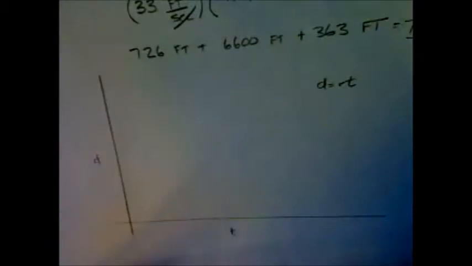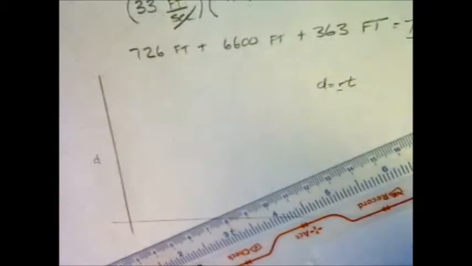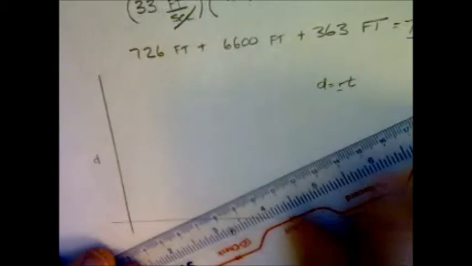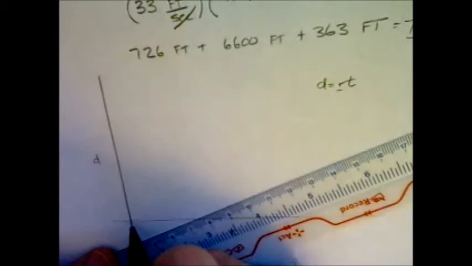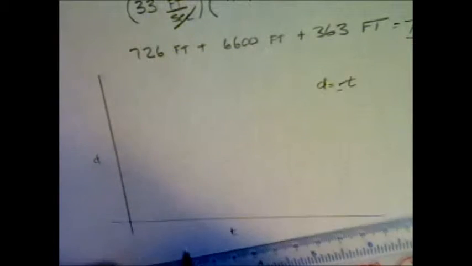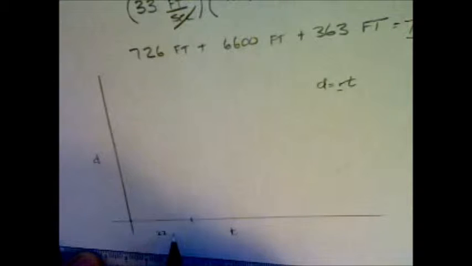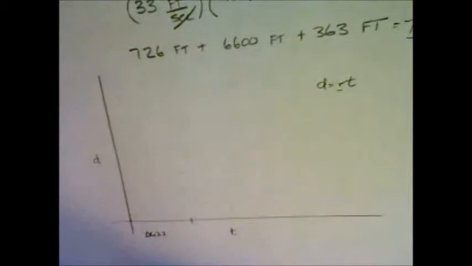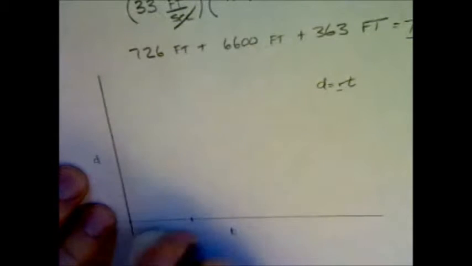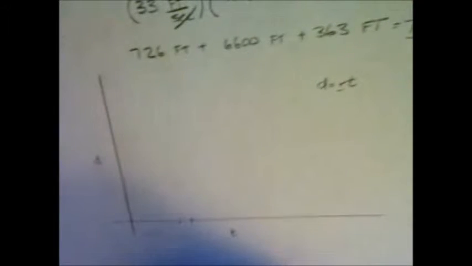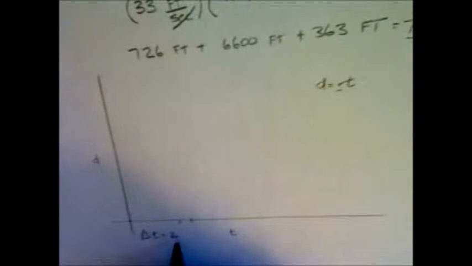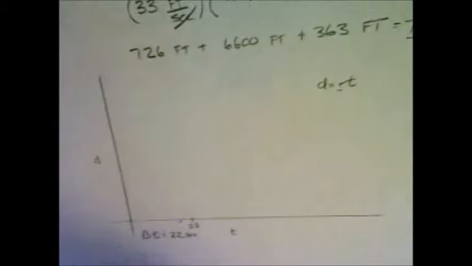All right, but r is not a steady number. It's going to change a little bit, but that's okay. So we're going to start at 0 and over, so delta t equals, I need to write that bigger so you all can read it. Okay.